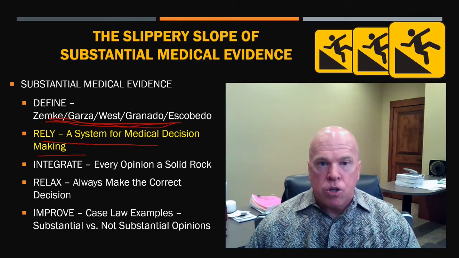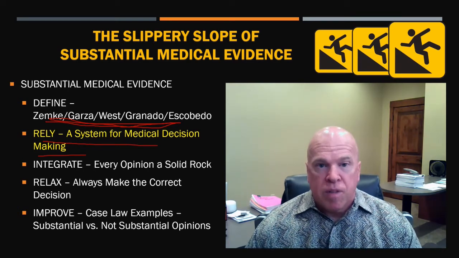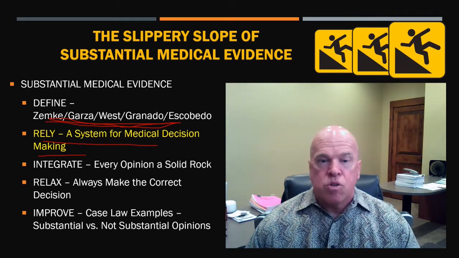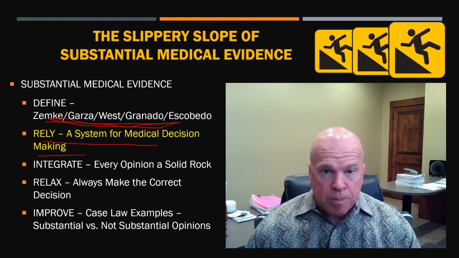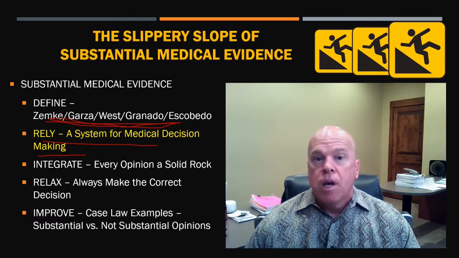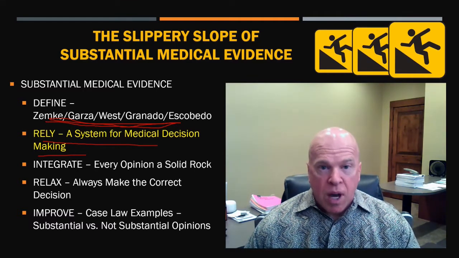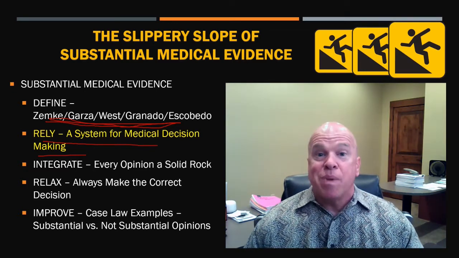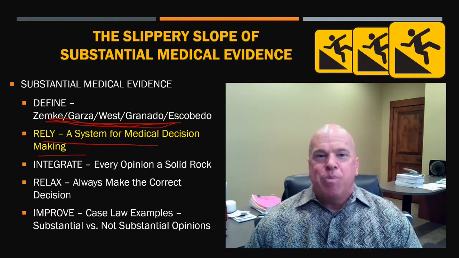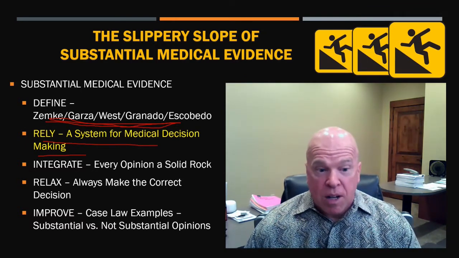Opinions and conclusions are the subjective components of your evaluation, whereas your findings on range of motion testing comprise the objective components of your reporting. When it comes to the subjective components, where you have to stick your neck out into a gray area and take a stand and be bold, you can rely on substantial medical evidence.